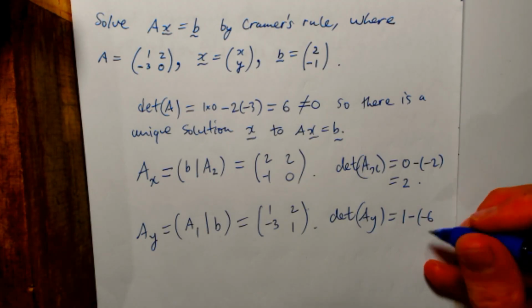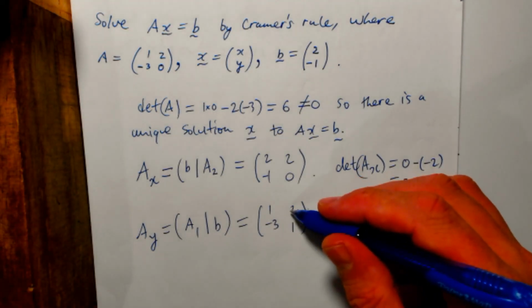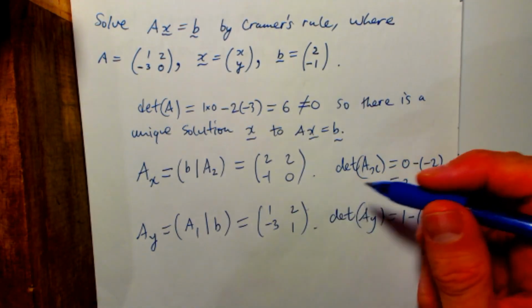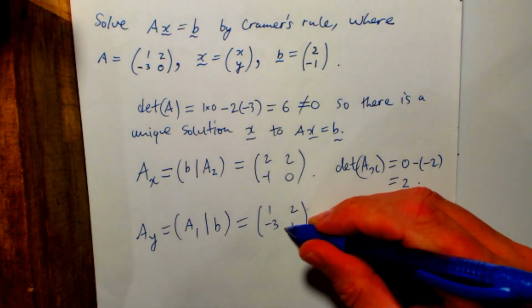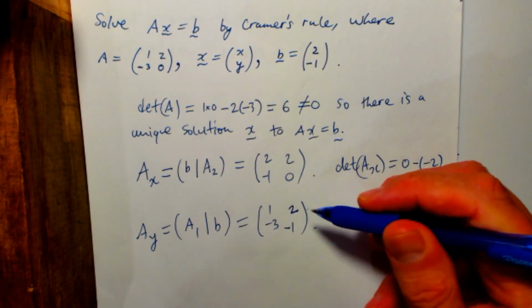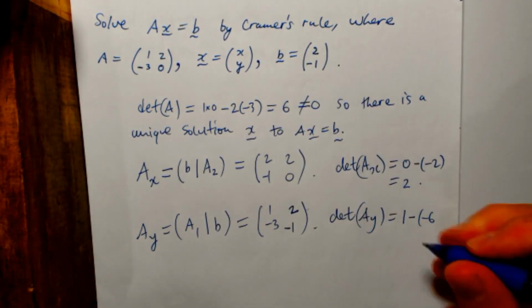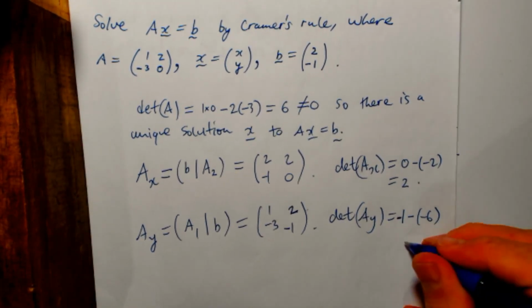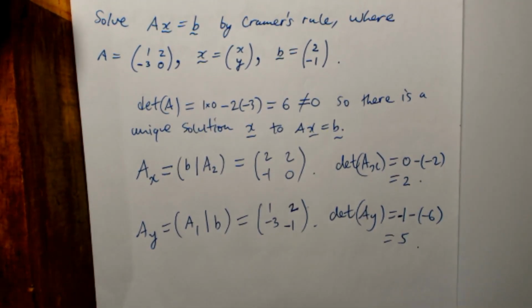Alright, I feel like something's wrong. Yeah, that's it. There we go. So that's a minus 1 there. Okay, so this is -1 minus 6, which is -5. Great, so we've got our determinants.